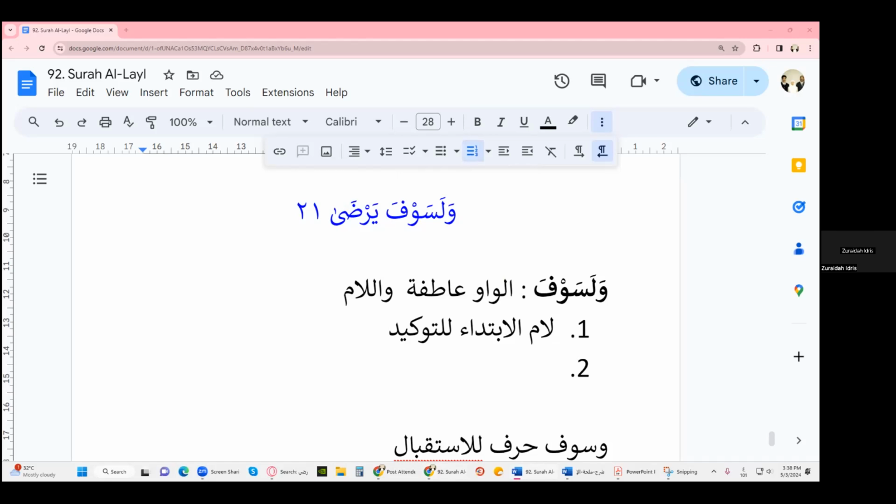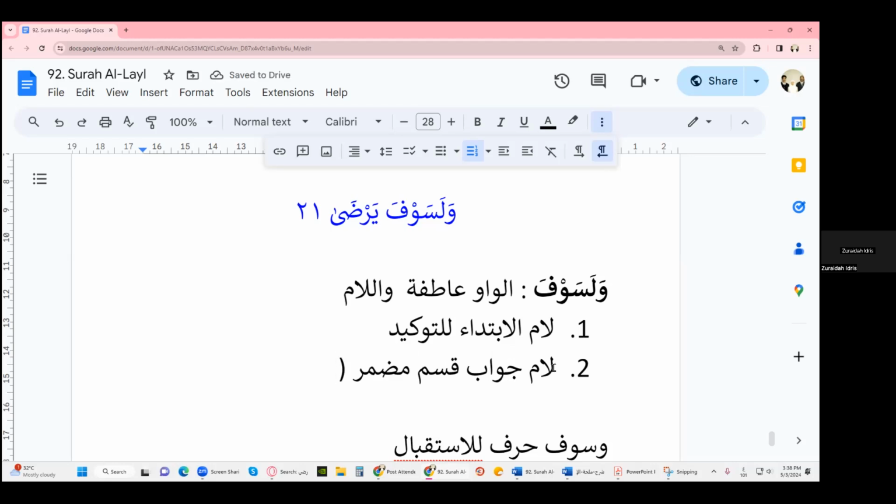So let me see, how do I say this? It indicates your jawab. But the jawab of the qasam, what do we call a qasam that is not there? Mahdhuf, or muqaddar, or mudmar. Oh wow, there are so many words. The one that I have is mudmar.